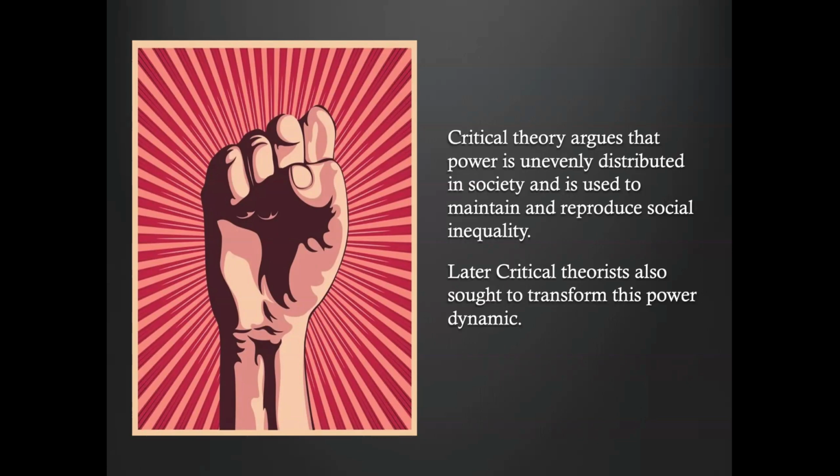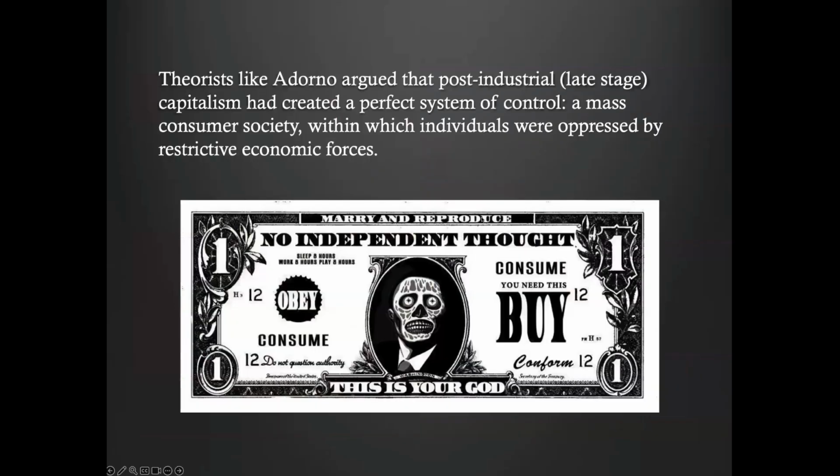Now, later critical theorists also sought to transform this power dynamic in a positive way, right? So we're talking about people like Adorno and Walter Benjamin and Horkheimer. These are the people who came directly out of the Frankfurt School. Now, as Hitler rose to power, they fled Europe.